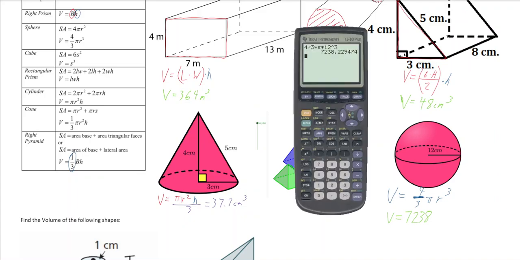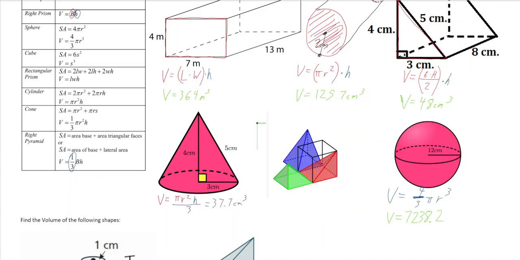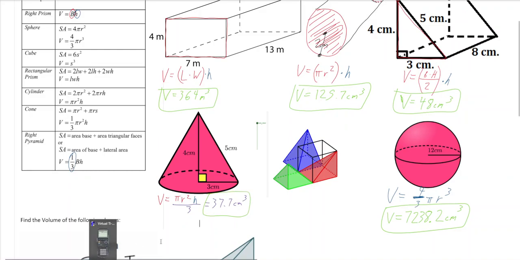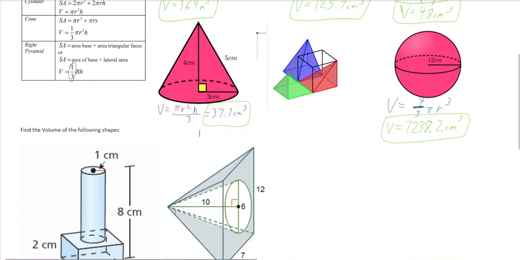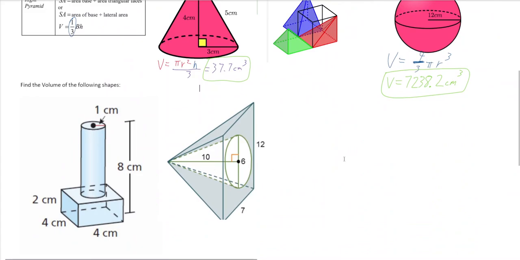And then usually the question should tell you how many decimals to have, but I'm just kind of deciding arbitrarily how many decimals. All right, so hopefully that helped a little bit. These are basic volumes, basic shapes. Now let's take a look at 2 more complicated ones.